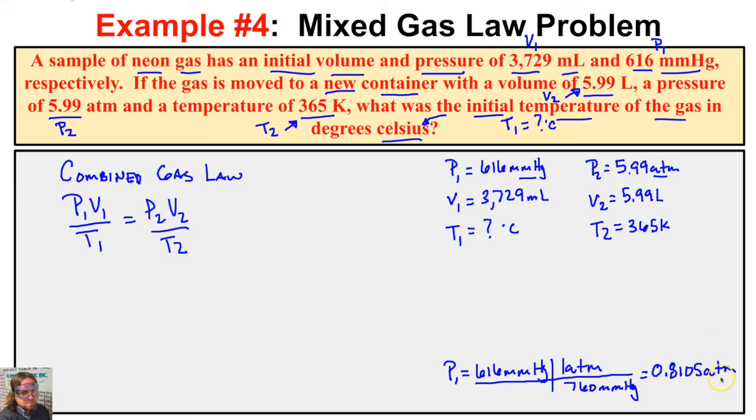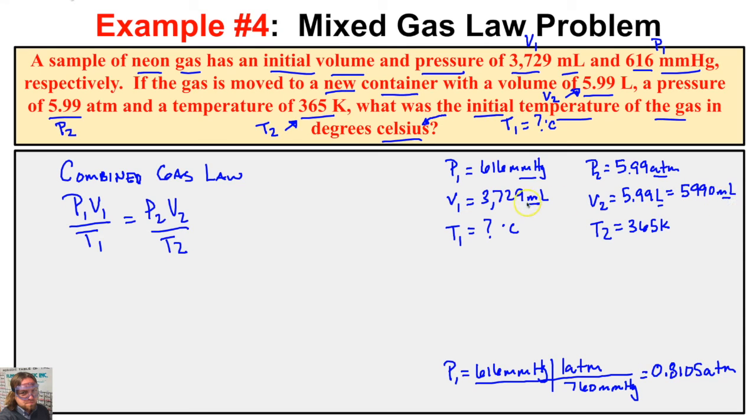So there, now our pressure units are the same. We have atmospheres here and we have atmospheres here for P1. If we take a look, our volume units are different too. This is milliliters, this is liters. Which one do you want to use? It doesn't matter. We'll get the same answer either way. So let's go ahead and convert this to milliliters. We do that by sliding the decimal to the right 3 times or multiplying by 1,000, and we'll end up with 5,990 milliliters.